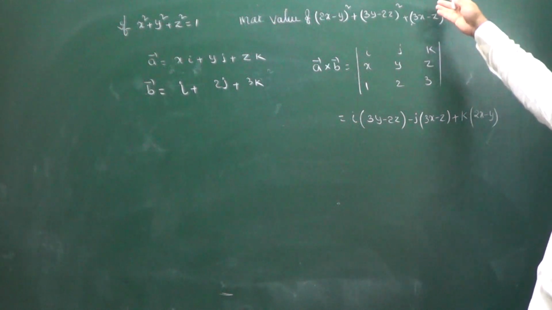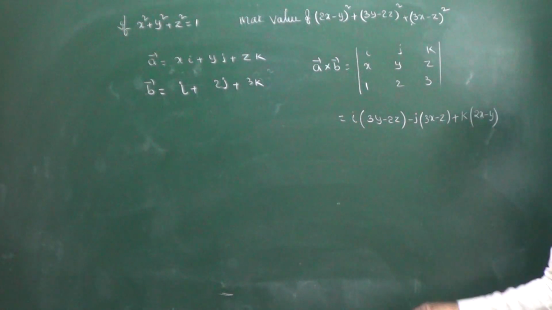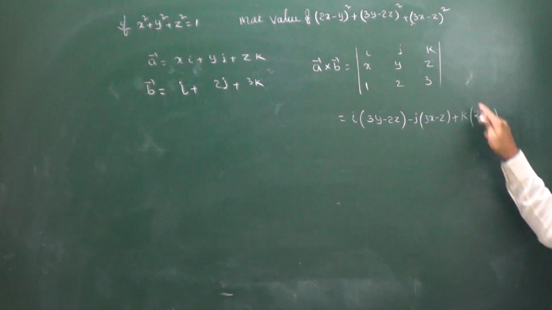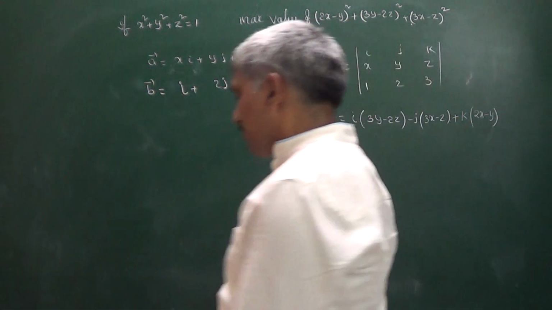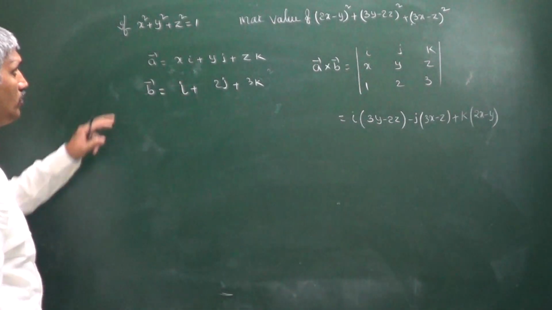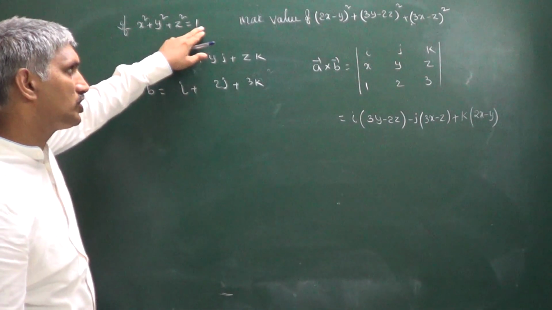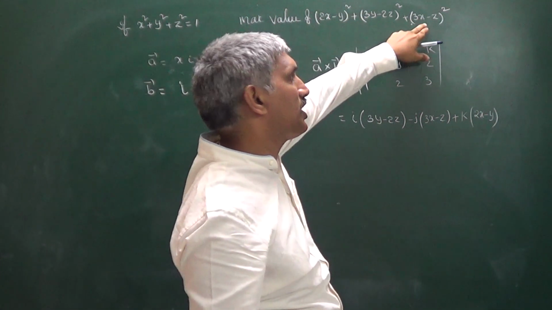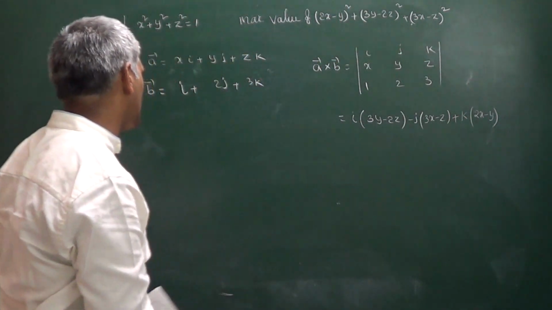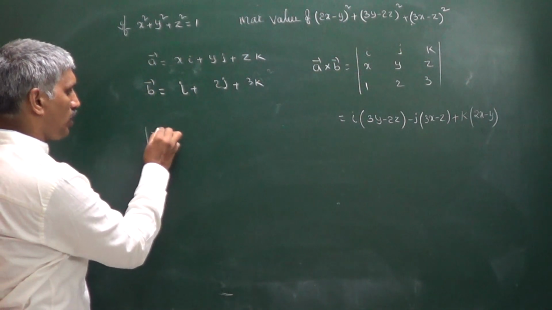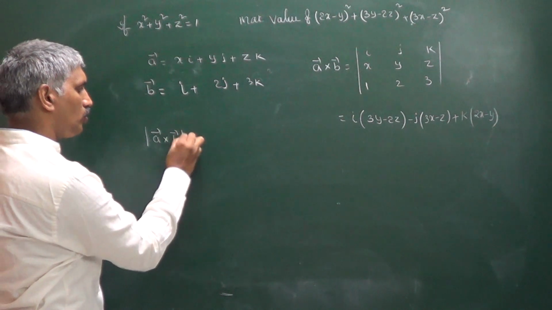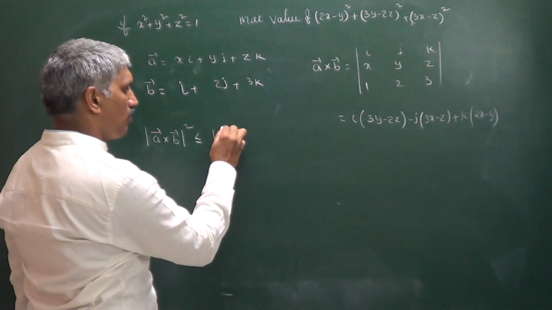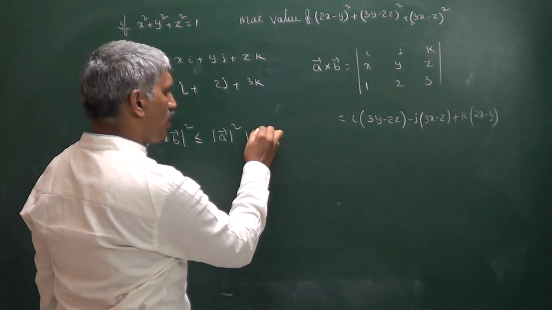Whether you observed or not, all the terms are appearing here: 3y minus 2z, 3x minus z, 2x minus y. We are given x square plus y square plus z square is 1, and the value of (2x minus y) whole square plus (3y minus 2z) whole square plus (3x minus z) whole square is asked. What we know is magnitude of A bar cross B bar whole square is always less than or equal to mod A bar whole square into mod B bar whole square.